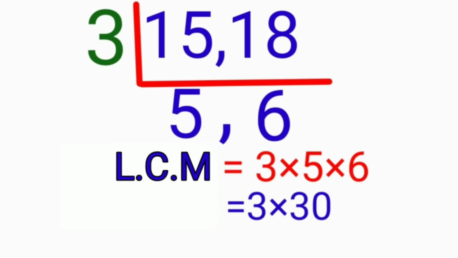We write 3 as it is and multiply 5 and 6. 5 6's are 30. 3 into 30: 3 30's are 90. Now the LCM is 90. LCM for 15 and 18 is 90. For any numbers, we can follow this method to find the LCM.